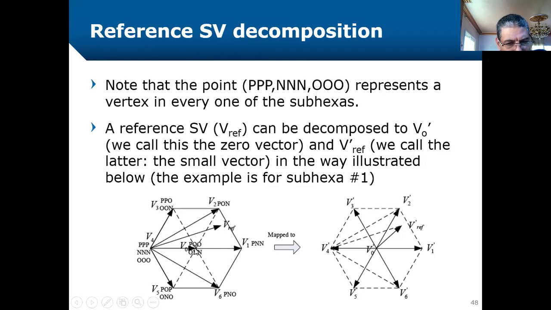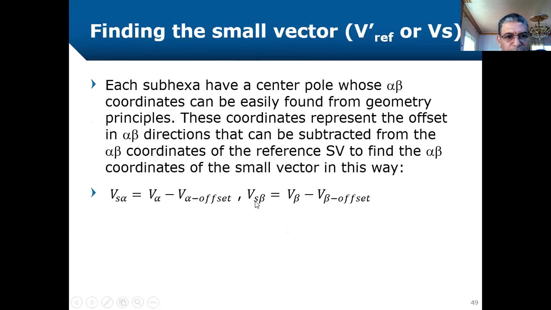If we have the coordinates alpha beta for this point, and we have V alpha beta for this point, then the V alpha is simply V alpha of the V reference minus V alpha of the center. And V beta of the V reference here minus the V beta of the local center of the subhexagon. This is a very clear and straightforward decomposition.